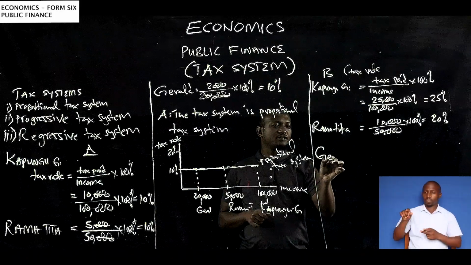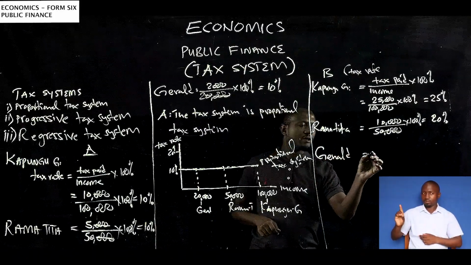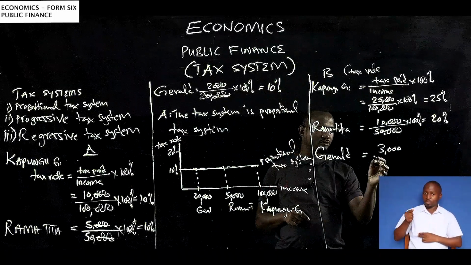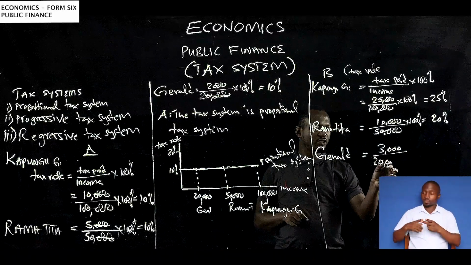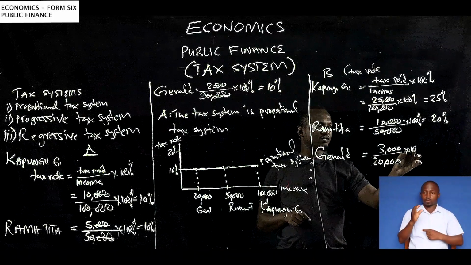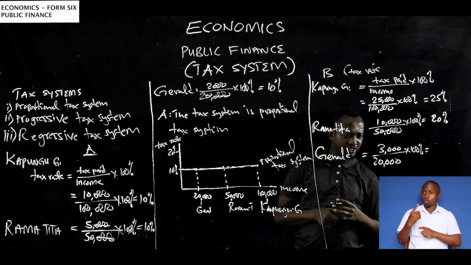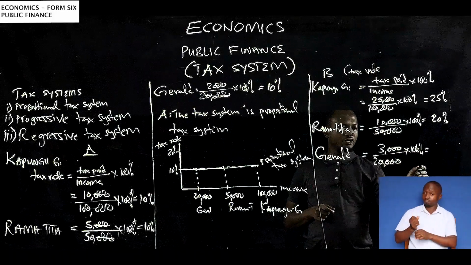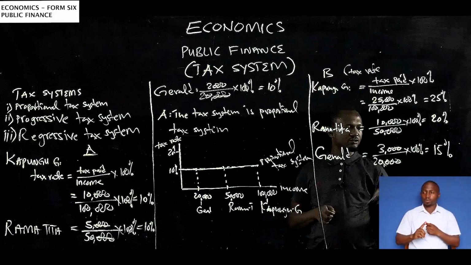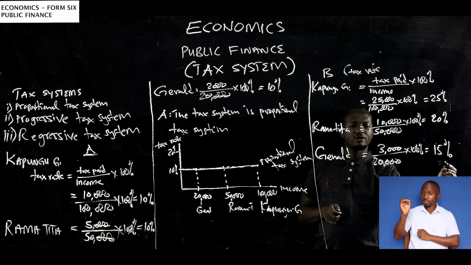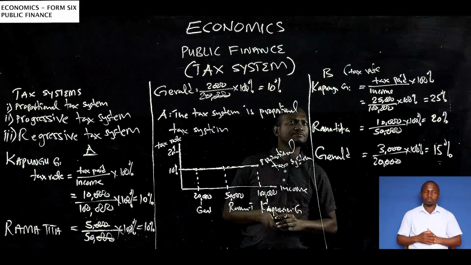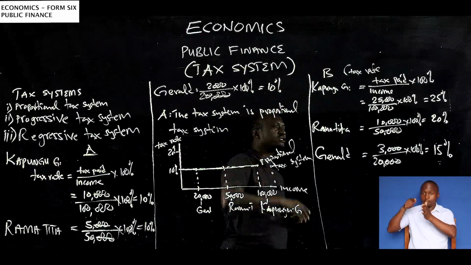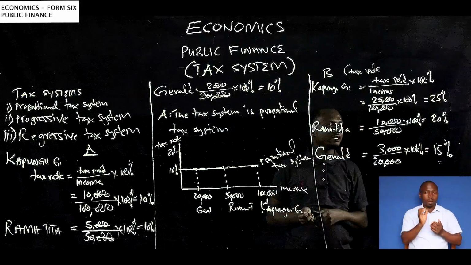And Gerard paid 3,000 as tax. His income was 20,000 times 100%. Here we get 15%. So at column B, we may see tax rates vary.